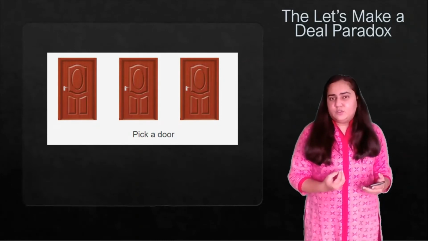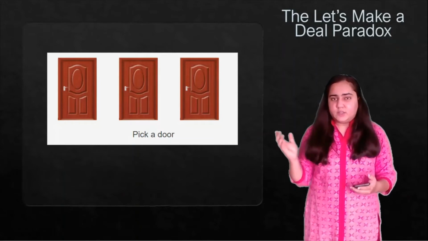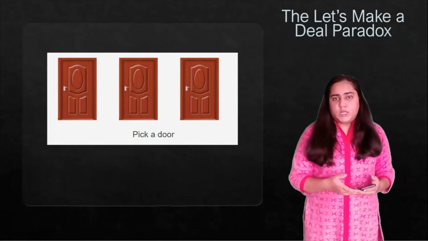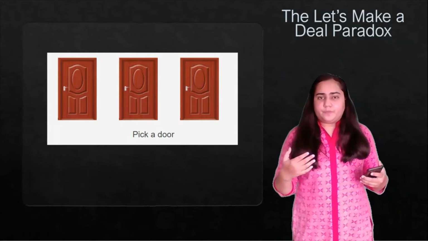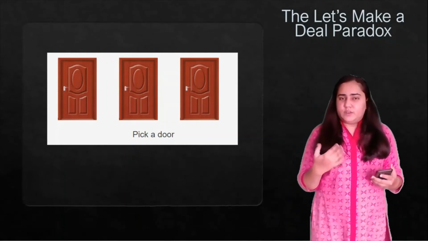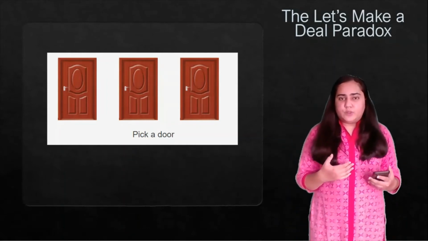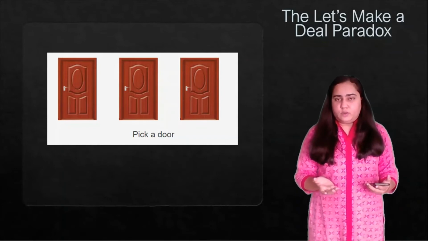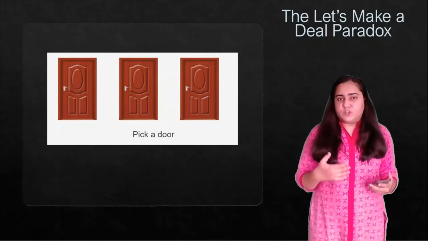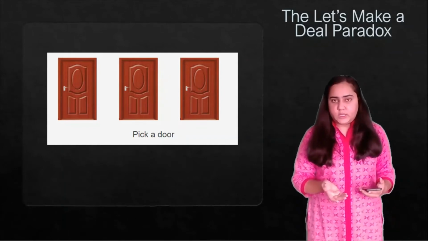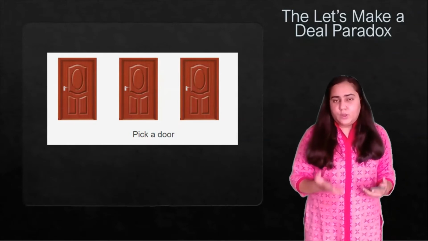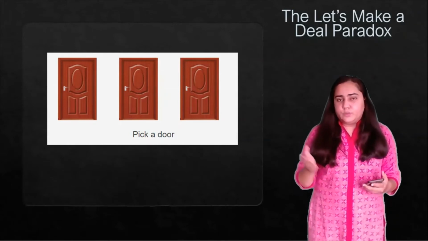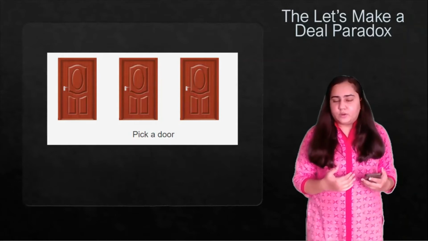But then there's a little twist. Suppose you selected the first door. Then, just to confuse you, the host would open one of the doors of his choice. Of course, that wouldn't be the door that you selected.